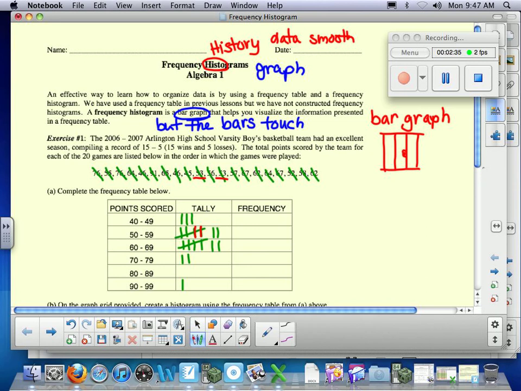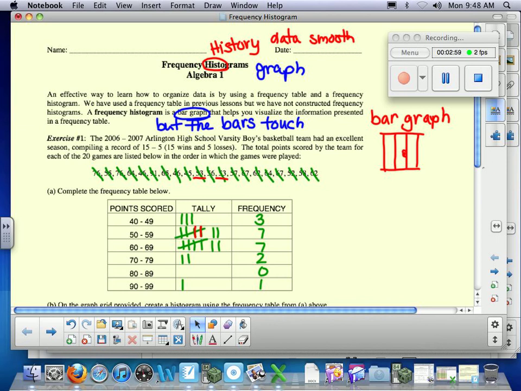So then the frequency is simply the number of times that you have something occur in that interval. And yes, we require both of those for a histogram. Someday when you're doing one of these for your job or whatever, you might not actually do a tally and a frequency.